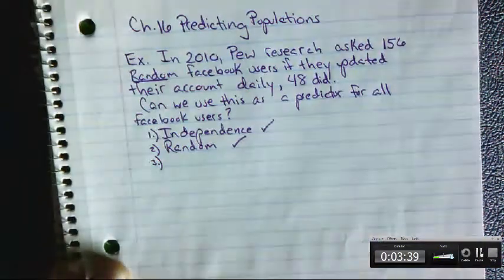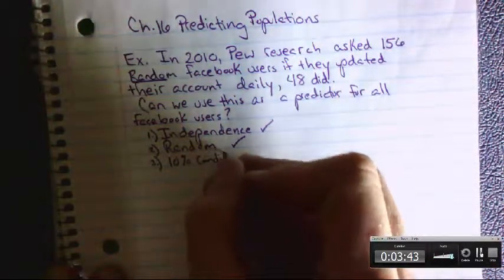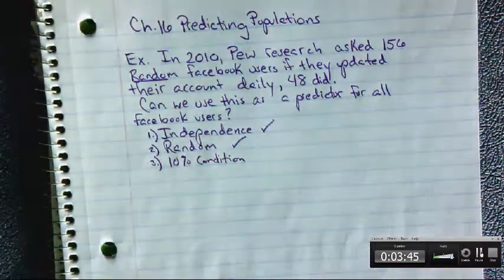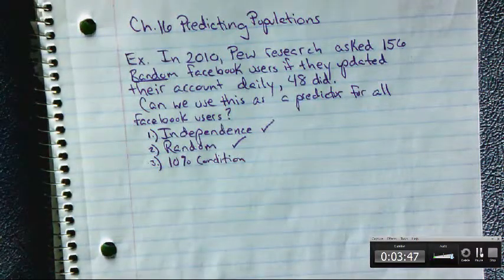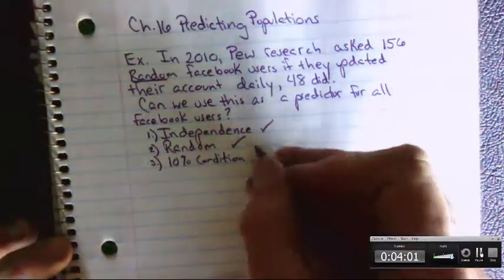There was also the 10% condition. Did it say you had to ask more than 10% of the population or less than 10%? Less than. You had to ask less than 10%. Because if you do ask more than 10% of the entire population, you run into issues with independence. So it has to be less than 10% of the population.